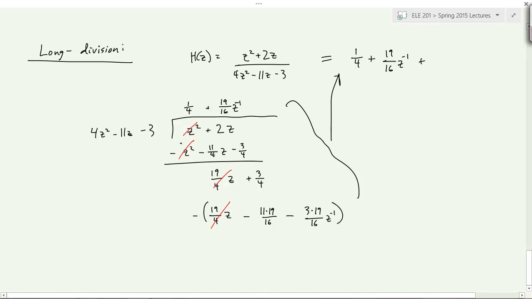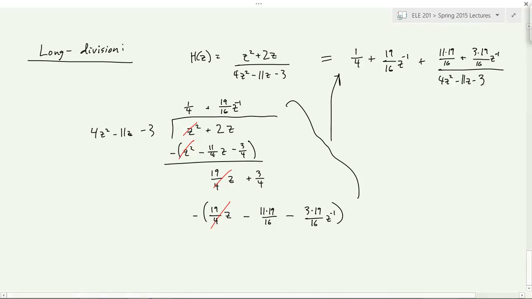So that means the remainder is going to be 11 times 19/16 plus 3 times 19/16 z inverse, over the same denominator we started with, 4z squared minus 11z minus 3. All right, so I've done a little bit of work. I've done some of the long division. There was no need to stop there. I could do as much as I want.